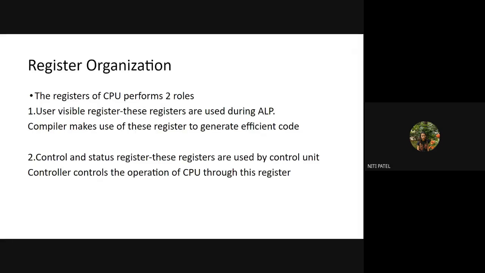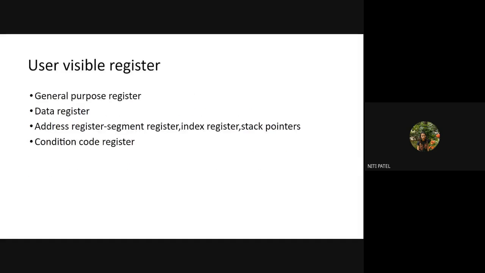Now we saw that the CPU has registers. So your 80386 also has registers. How many registers does it have? It has two types of registers. One is the user visible register and the other is the control and status register. Which of them are user visible registers? General purpose register GPR, DR data register, AR address register, and CCR, that is condition code register.